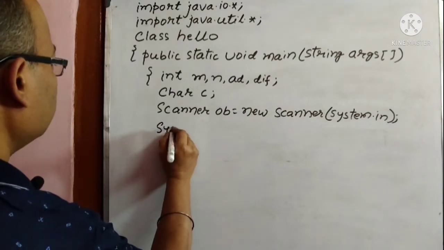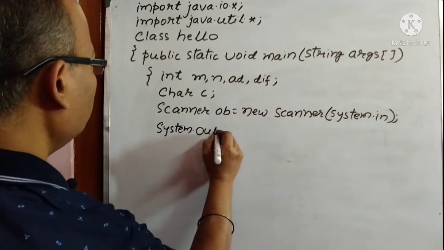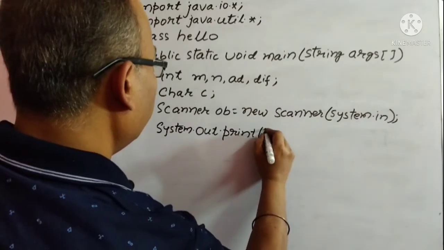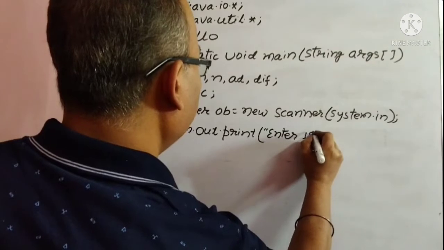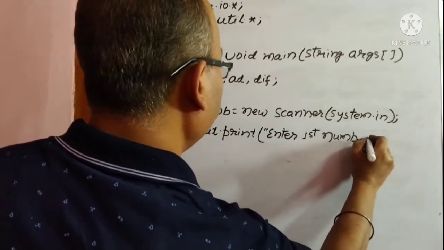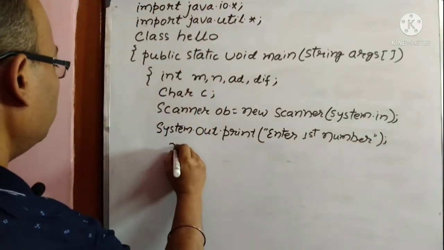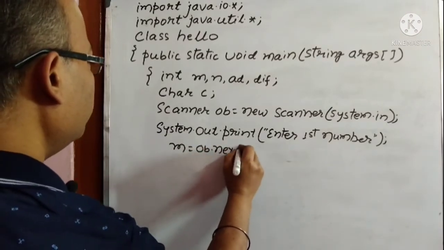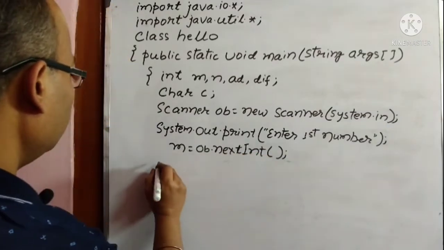So I'll ask System.out.print enter first number, put a semicolon, take the entry in the variable m. So ob.nextInt(). So in this way we take the entry of integer variable.